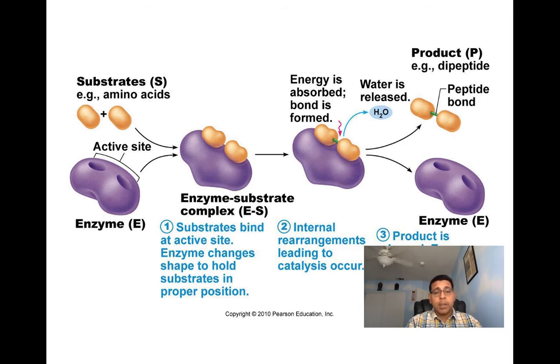Substrates are the substances on which an enzyme acts. So here you can see are the substrates. For example, these are 2 amino acids. And they're going to come and they're going to bind on the active sites of this enzyme. So substrates bind to the enzyme active site, forming an enzyme substrate complex.